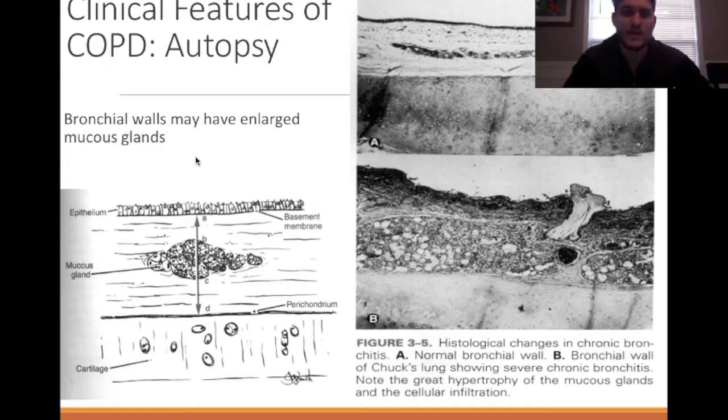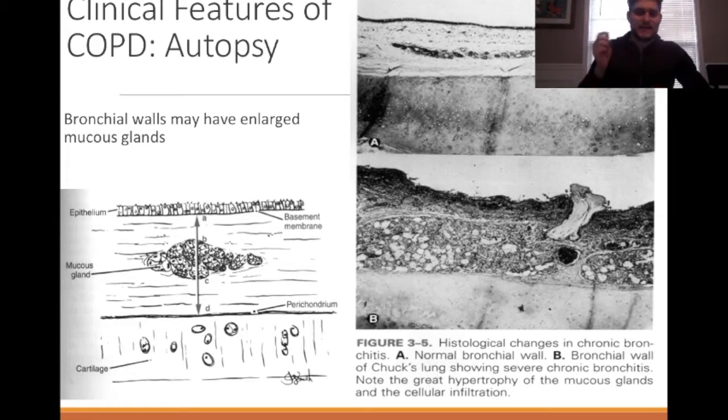In addition, because of the constant state of inflammation due to the damage with COPD, we are going to have enlarged mucus glands. And we remember from previous lectures that mucus is not an ally when it comes to the diffusion of blood gases.